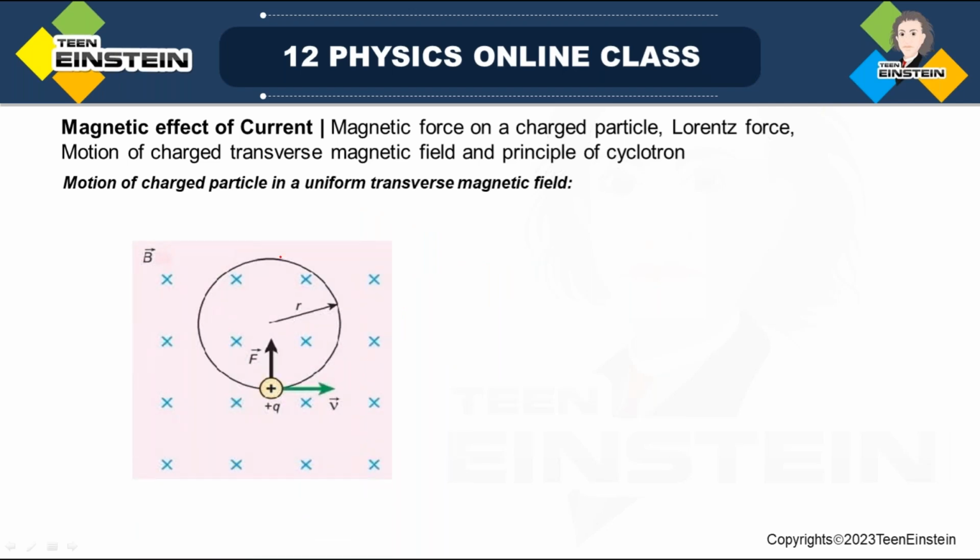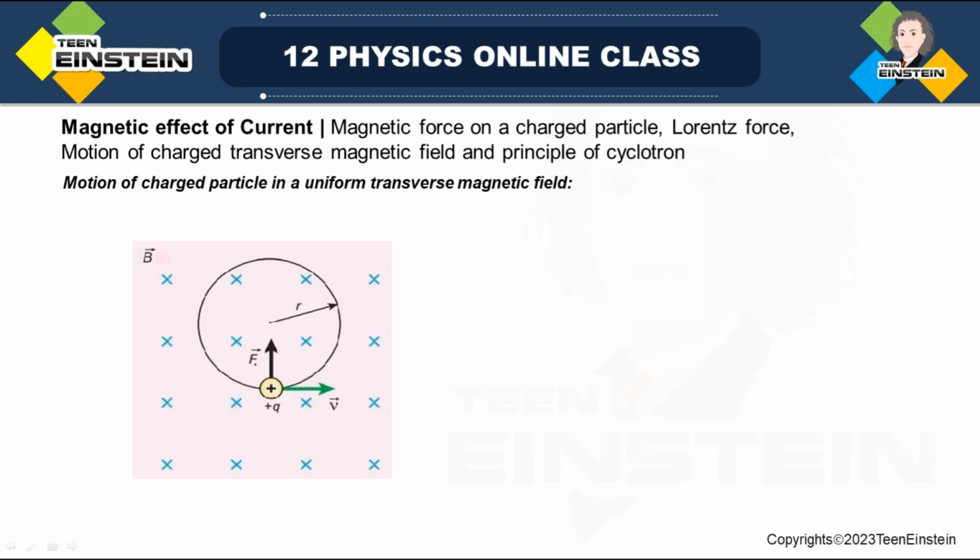Now look here. If a charged particle enters a region where there is a uniform magnetic field in a direction perpendicular to the direction of the velocity. This is the velocity vector, and the magnetic field is now into the plane of the paper, or plane of the screen here.